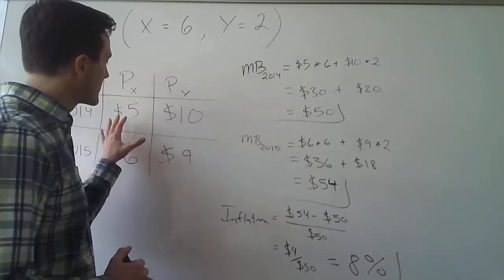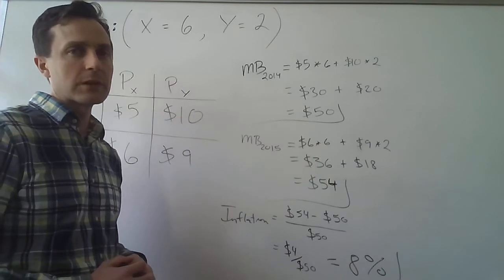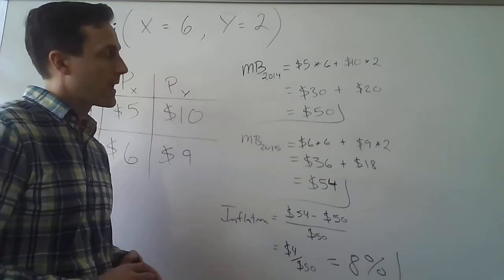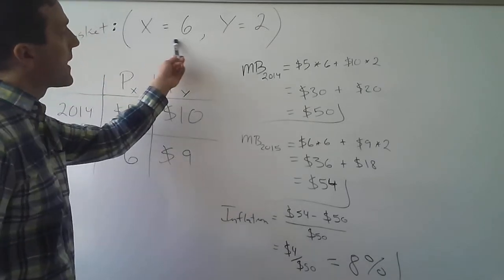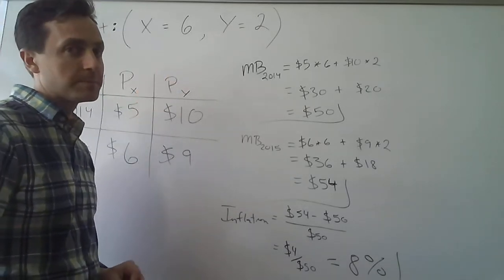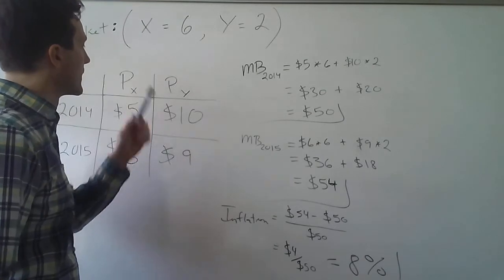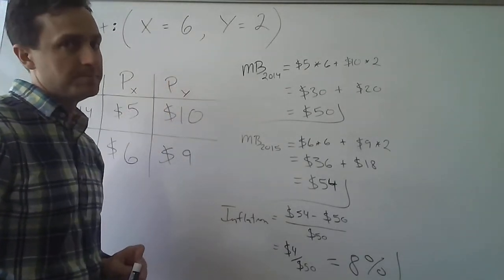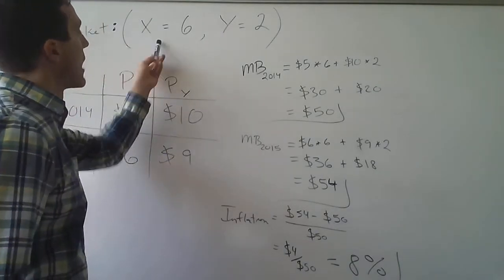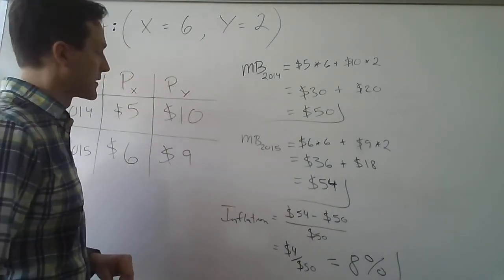And so just looking at these price changes, you might not realize that there's actually inflation. And why there actually is 8% inflation is because good X counts for so much more in this problem in terms of how it weights into the basket of goods.